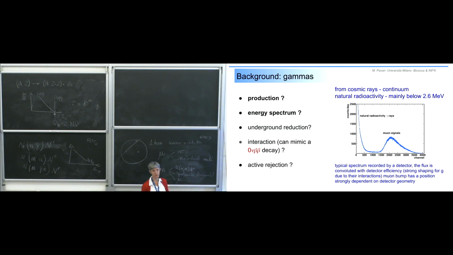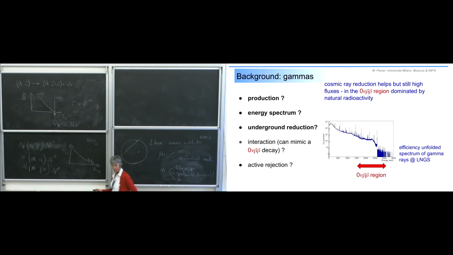So basically, underground, we have gammas. If you want to know, the sources are mainly radioactive chains, plus a number of other sources.